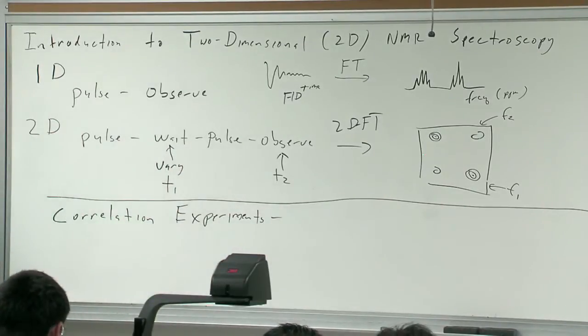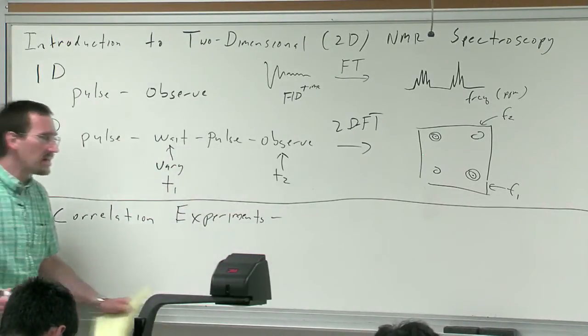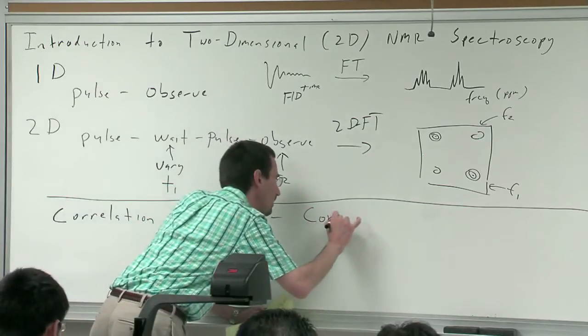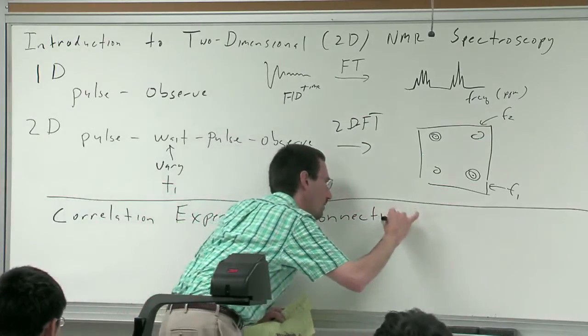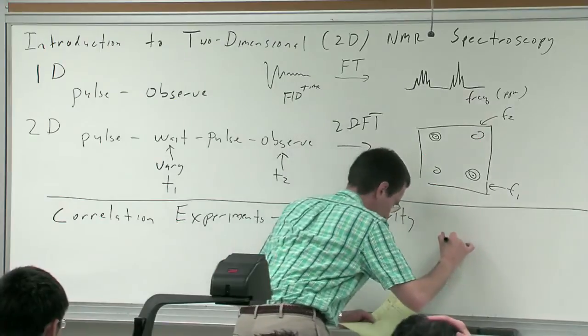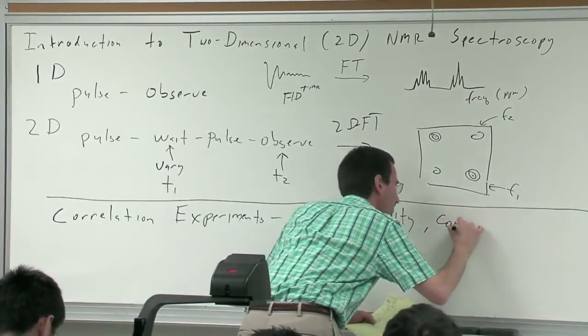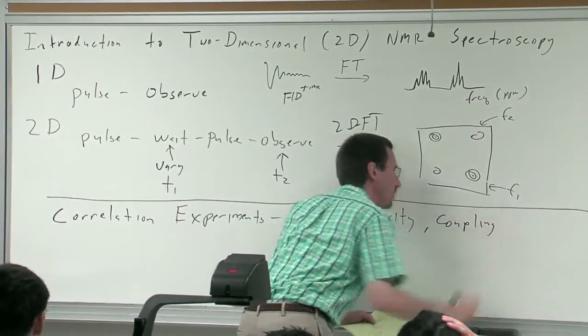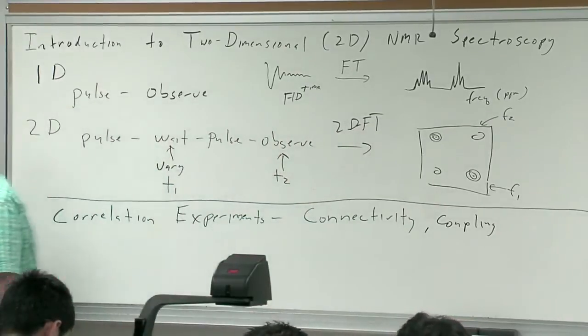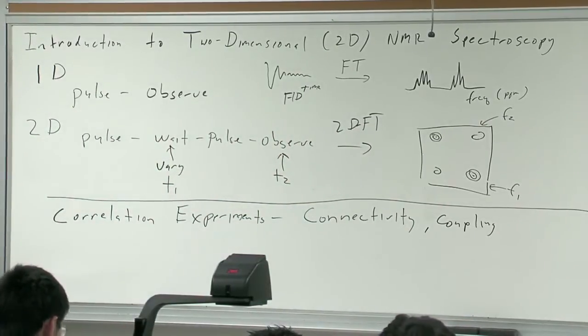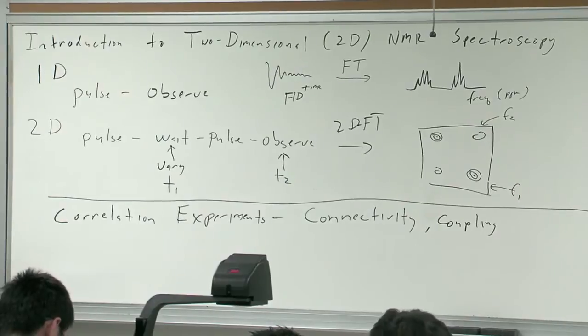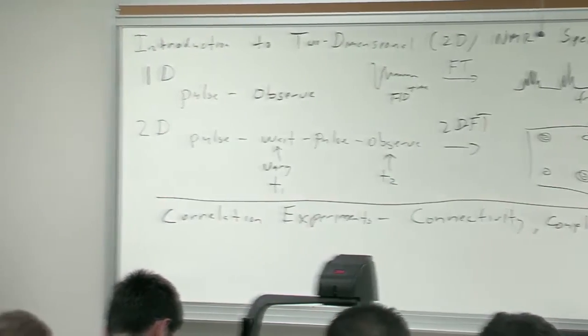Correlation means connectivity. It means literally what's connected to what. Another way of thinking of this is coupling. It can be proton-proton coupling, or proton-carbon coupling. That's what correlation experiments give you information on.